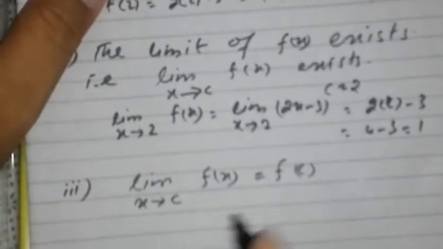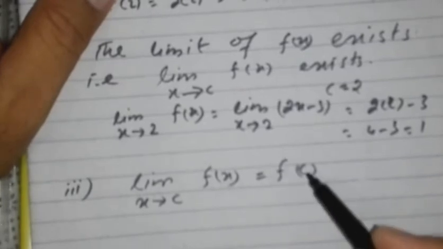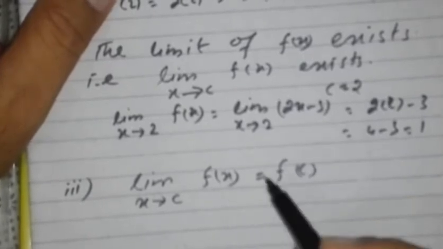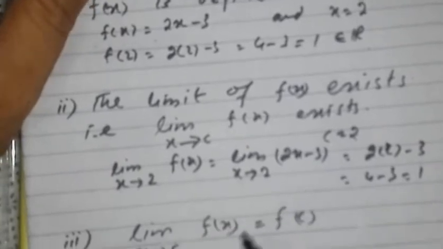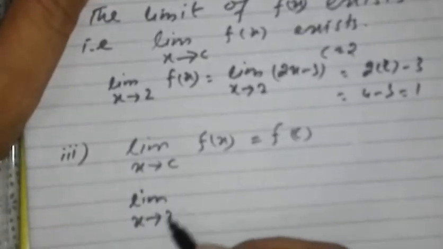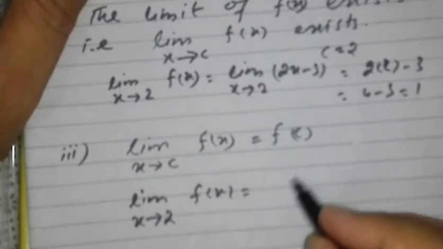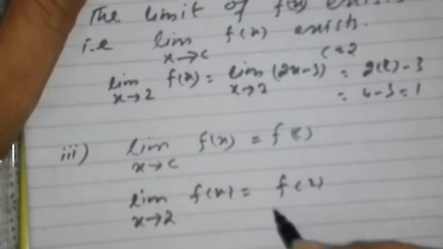Now the third step is that the limit value of the function is equal to f of c. So look here, this is f of c, f of 2, and this is the limit as x tends to 2 of f of x, so both are equal. The limit as x approaches 2 of f of x equals f of 2.